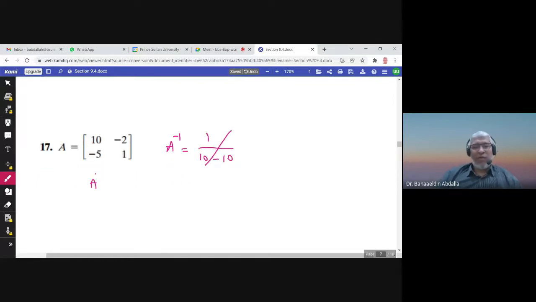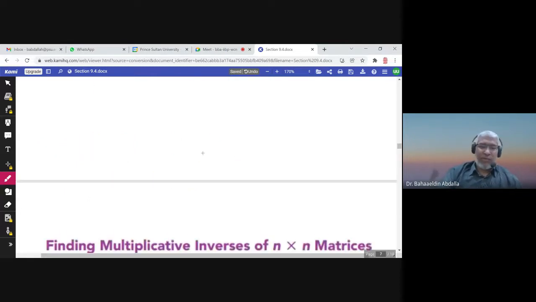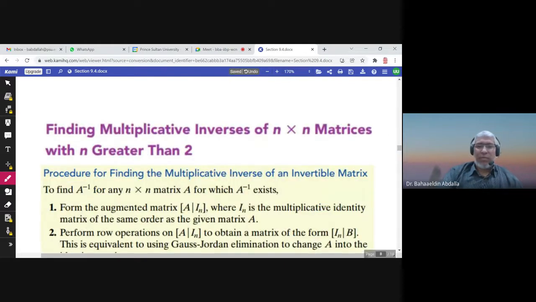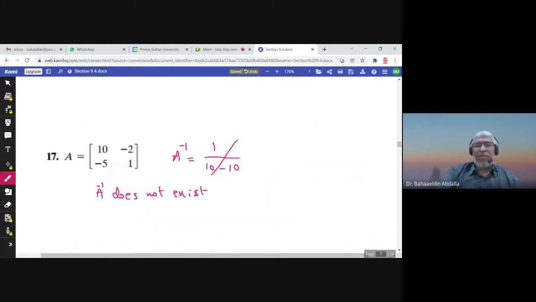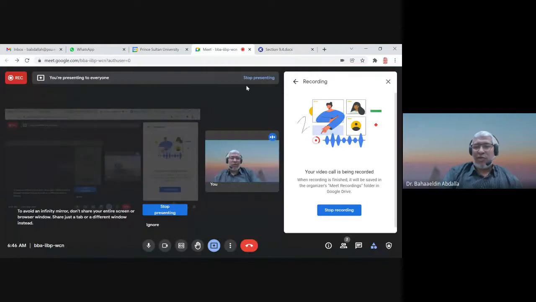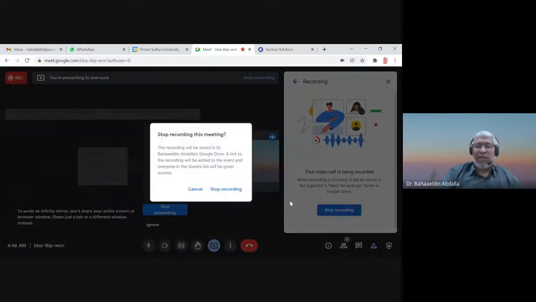So A inverse does not exist. So you see, for some matrices, A inverse does not exist. There is no A inverse because this number is 0. That's it. I will stop here and continue other ideas in another video.